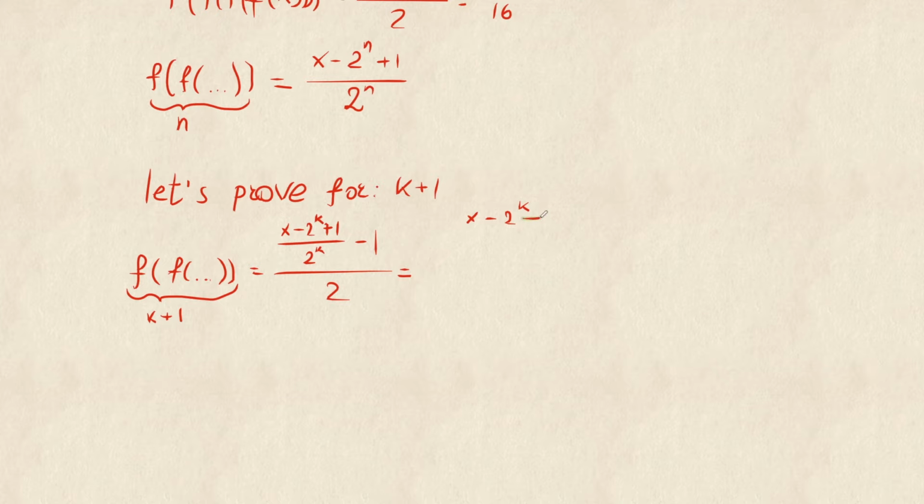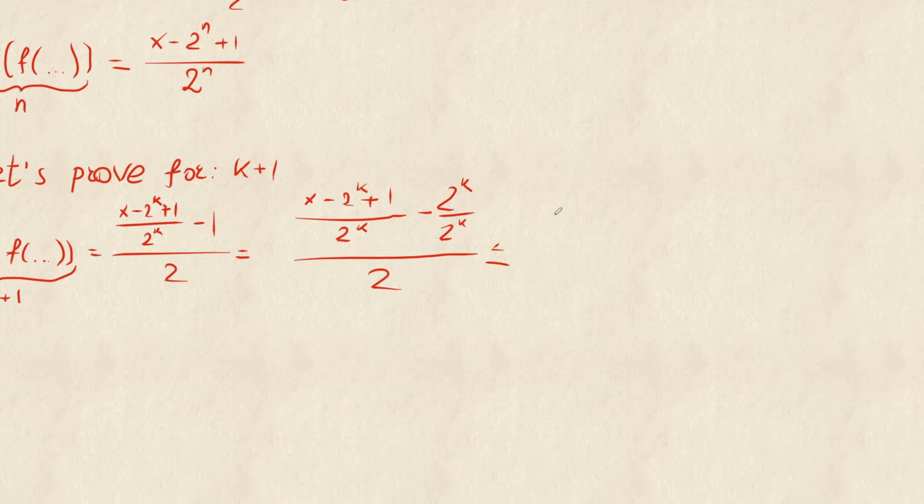So let's simplify this. First of all, let's subtract 1. We'll rewrite it as 2^k over 2^k, everything over 2. And now we subtract the 2 terms. We'll get (x - 2^(k+1) minus 2^k), or everything over 2^k, and again everything over 2.